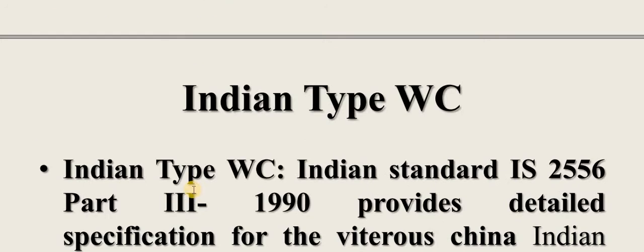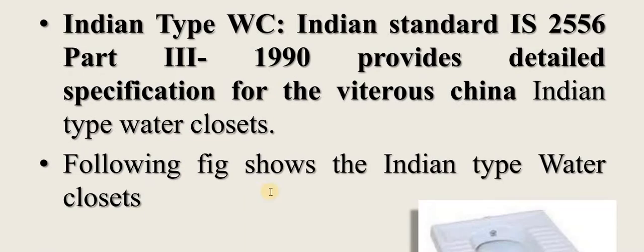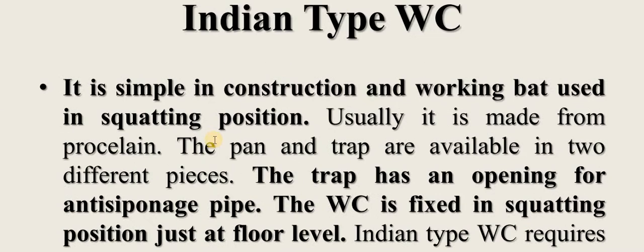First of all, the Indian type water closet. Indian Standard IS 2556 part 3, 1990 provides detailed specification for vitreous china Indian type water closets. The following figure shows the Indian type water closet. It is simple in construction and working, used in squatting position.